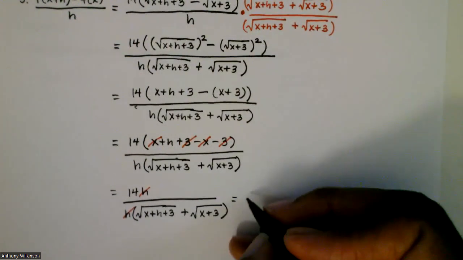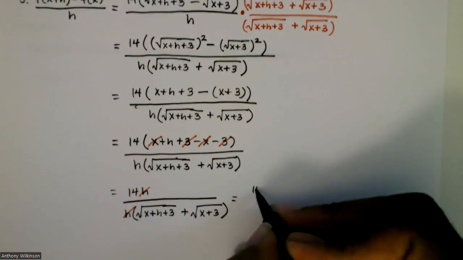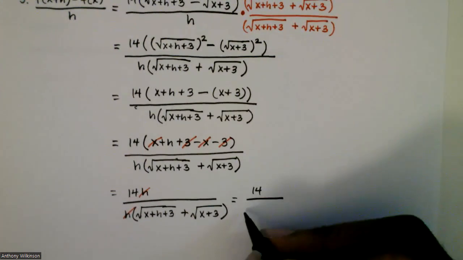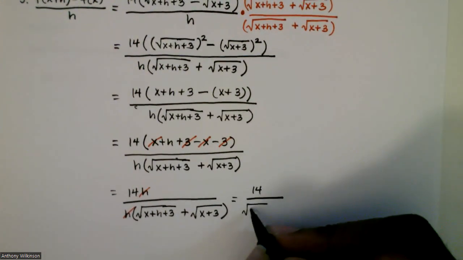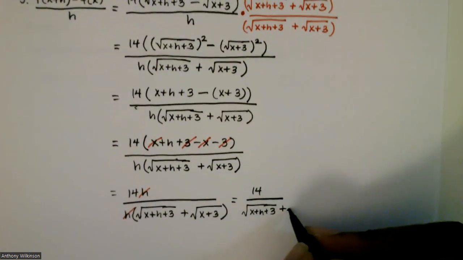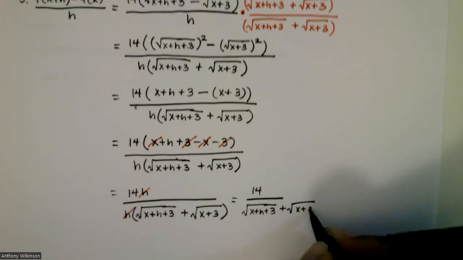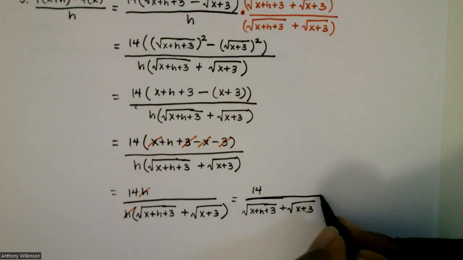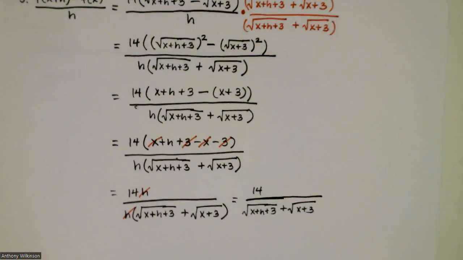So that means I'm going to end up with a 14 in the numerator divided by just the square root of x plus h plus 3 plus the square root of x plus 3. So all that's in the denominator. So that's what f of x plus h minus f of x divided by h will end up being after you simplify all of this.